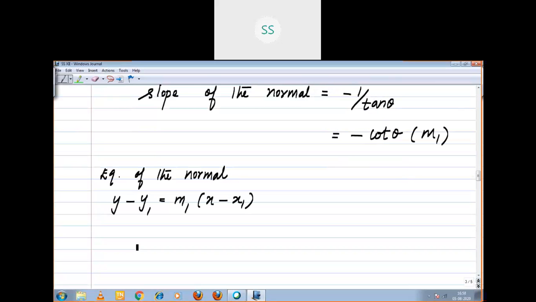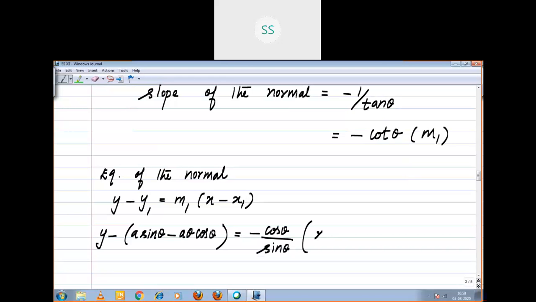Now y minus bracket a sin theta minus a theta cos theta, this is your y1, equals minus cot theta, which can be written as cos theta by sin theta, into x minus a cos theta plus a theta sin theta.